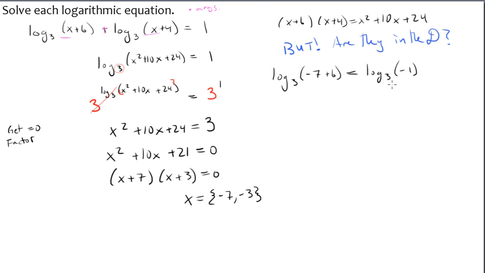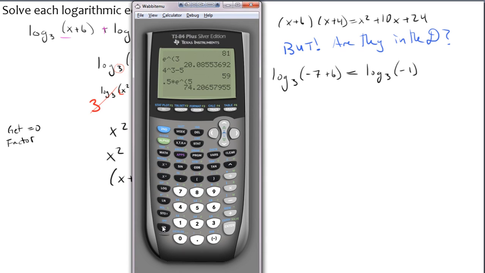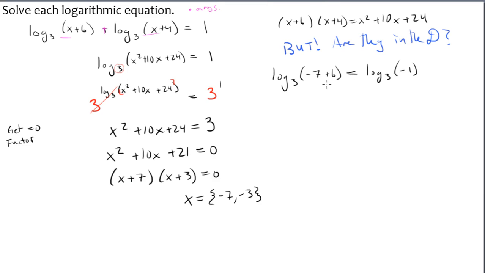And, hey there calculator, can you tell me what the log of -1 is? Oh, it's not a real number. Since we're working with real numbers right now, that's not in our domain, and that's not one of our solutions.